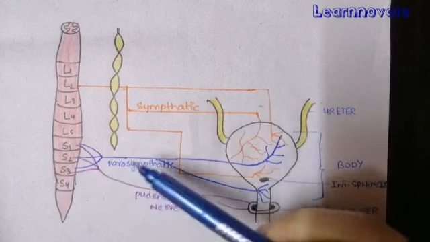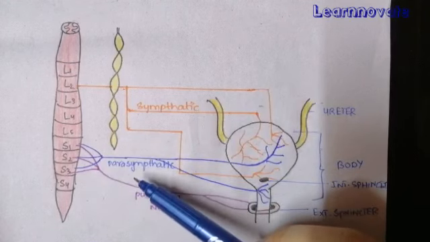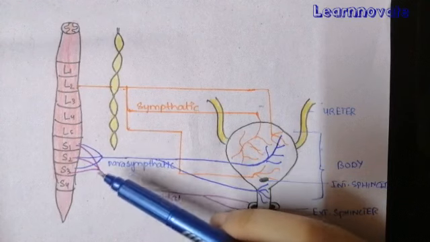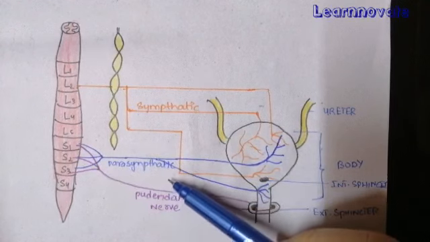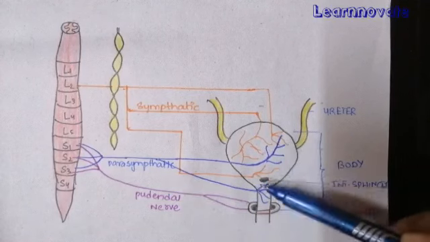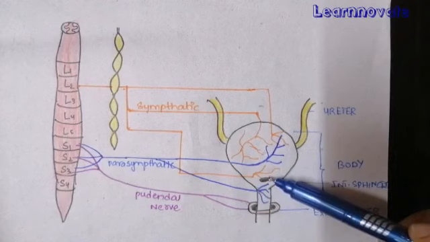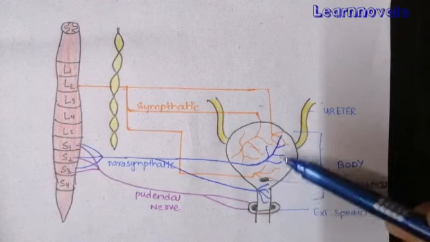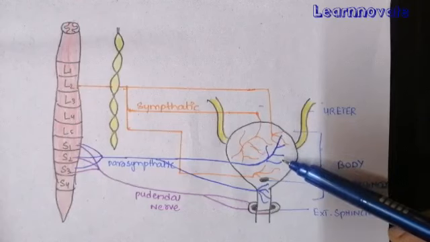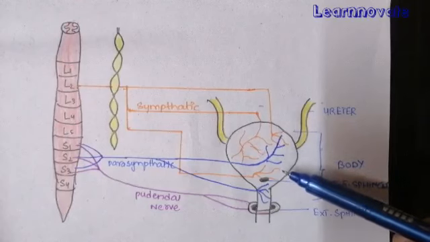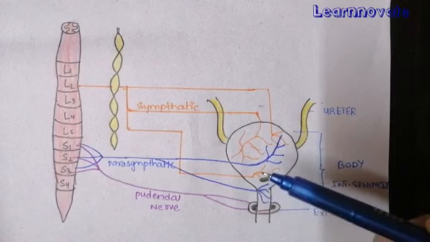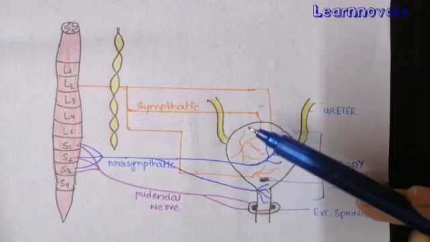The second thing we can see in the innervation is the parasympathetic, which comes from the sacral nerves. S1, S2 and S3 supply the parasympathetic innervation. The parasympathetic nerves supply the detrusor muscle and the urethral sphincters. The detrusor muscles are contractile; they contract on parasympathetic innervation, and the sphincters relax, which is opposite to the sympathetic nervous system.